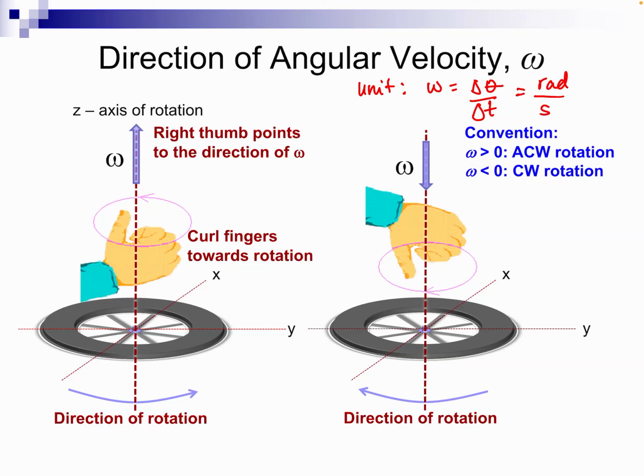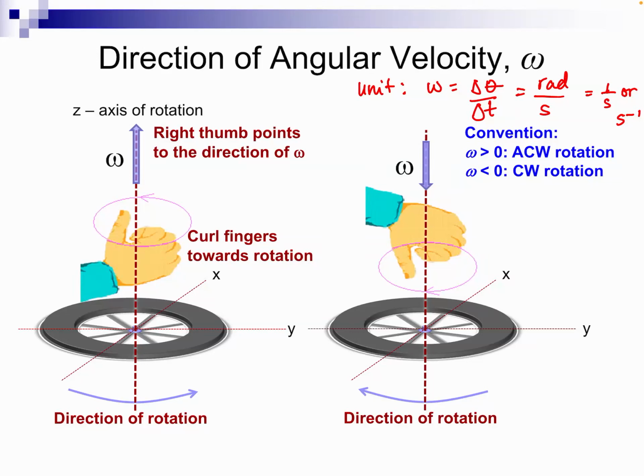Sometimes in some textbooks, they will just use the unit 1 over second, or second to the minus 1. The radians is sort of omitted, but I think it's good practice to put radians per second as the unit, because it reminds you that the angular displacement should be measured in radians.